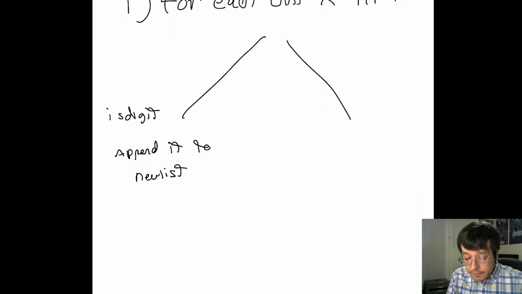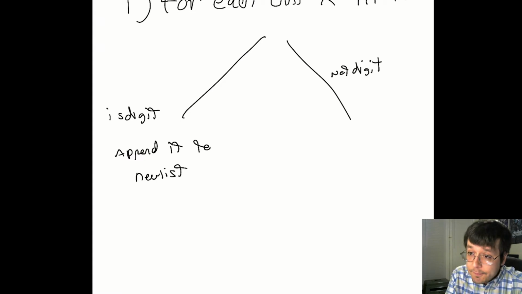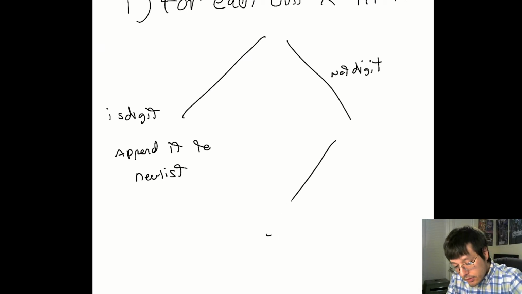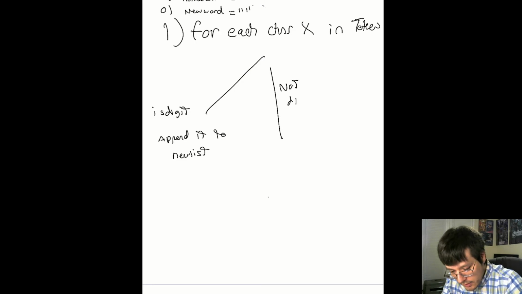If it's not a digit, so that's my else, then I have to do different checks, right? So I have to do another if statement there. So just so I can gain some space, let me actually make this line not vertical, something like that. It's okay.